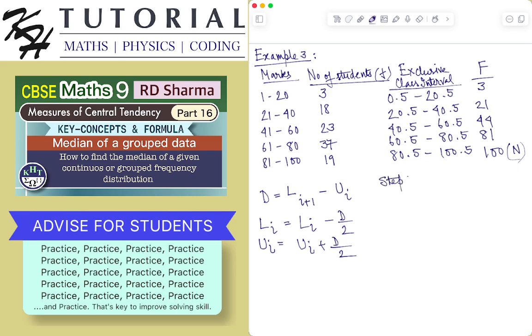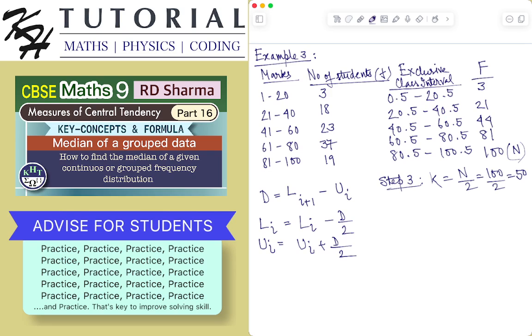Now step 3. What is k? K is n by 2, which is 100 by 2, which is 50. Okay, now I have to locate the ith row. I have to basically find the median class. Now the median class will be from the exclusive class interval.